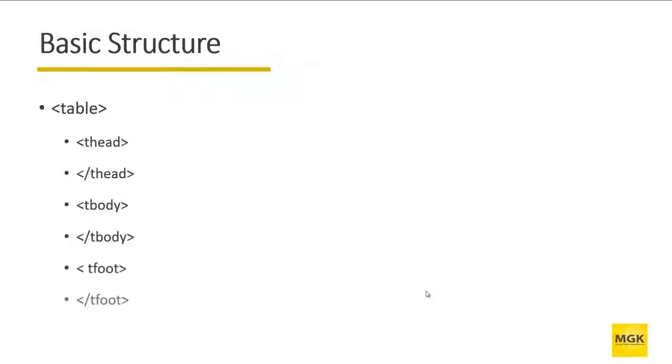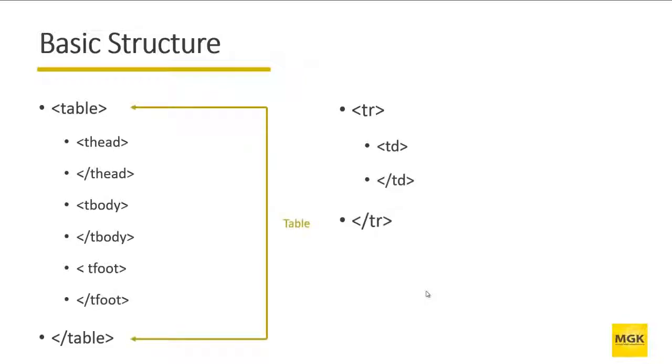So in HTML, these are the tags. This is the table tag. As you can see, all three, table head, table body, and table footer, are sandwiched between these two tags.